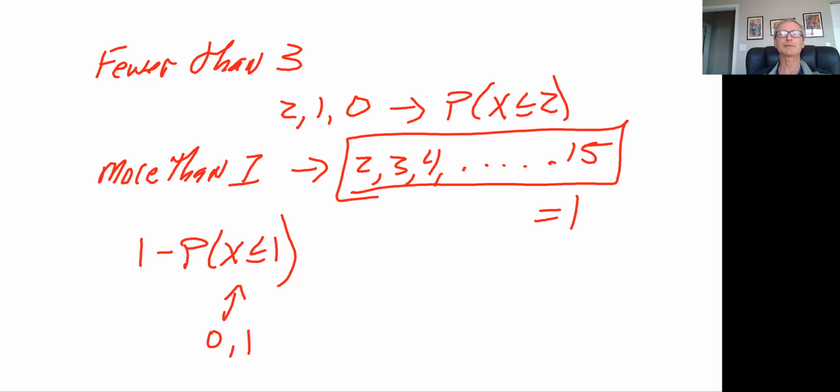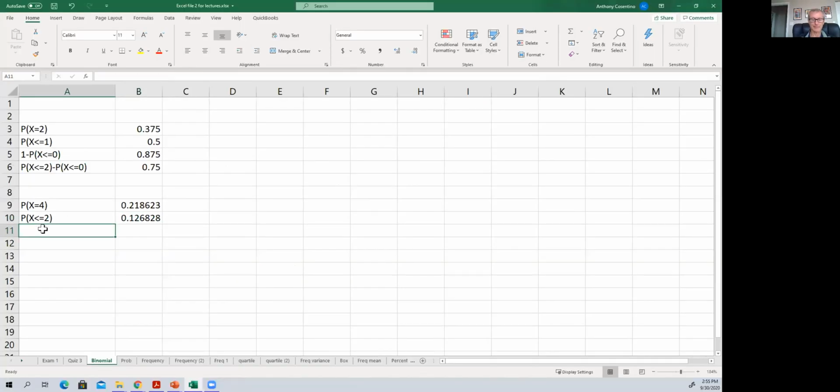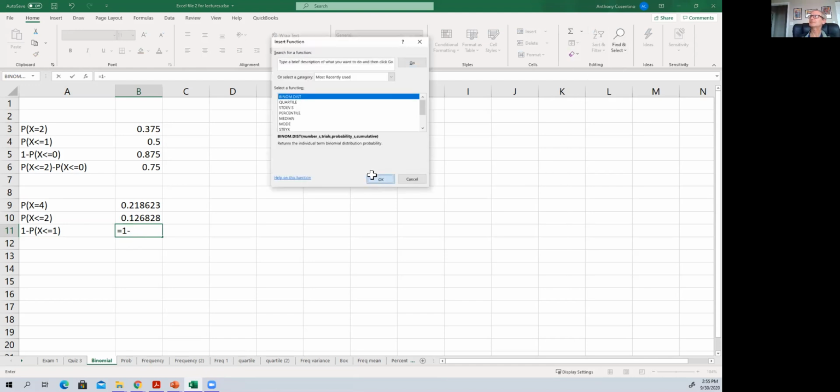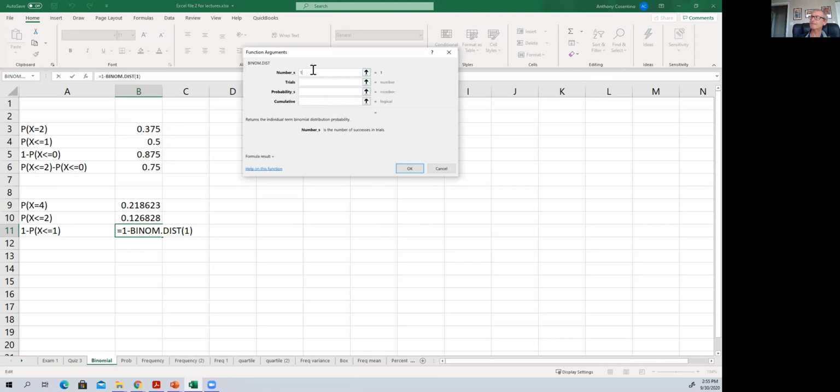So if we go back to the spreadsheet, we have 1 minus the probability of X being less than or equal to 1. We do an equal sign and then 1 minus, and then you put in your binomial function. In this case, the number 1. Trials is 15.